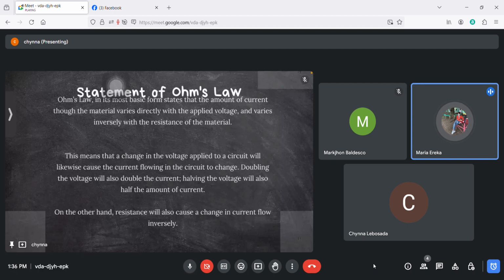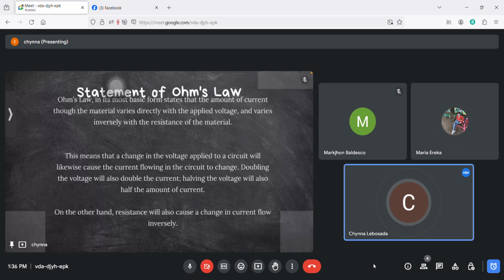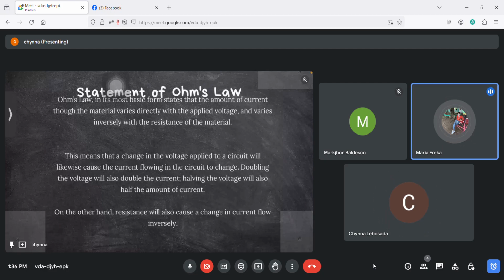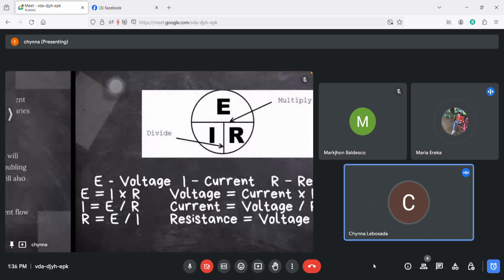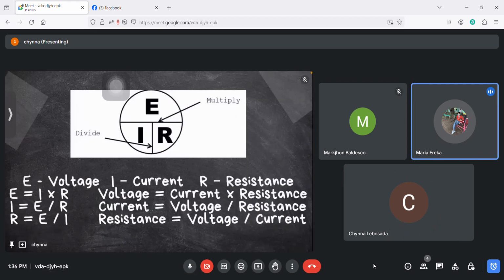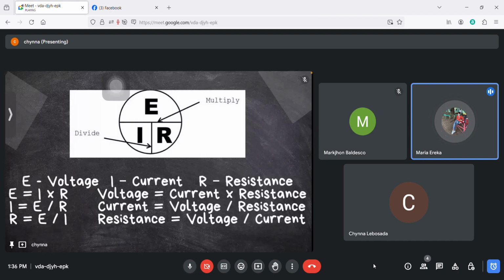Doubling the voltage will also double the current. Halving the voltage will also halve the amount of current. On the other hand, resistance will cause a change in current flow inversely. More voltage means an increase in the circuit current, while more resistance means a decrease in the circuit current. This linear relationship is often expressed in equation form.